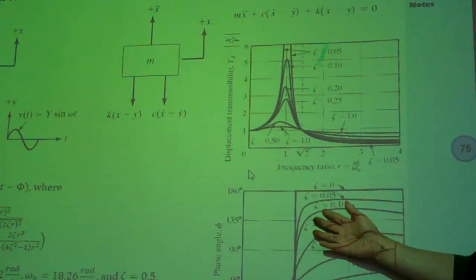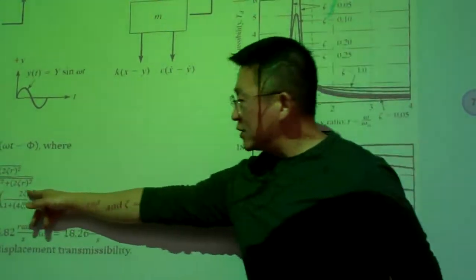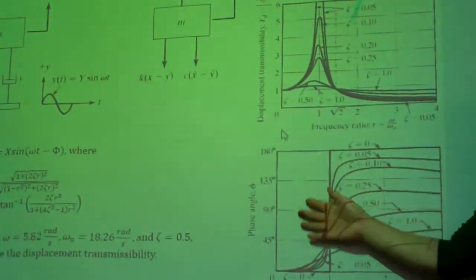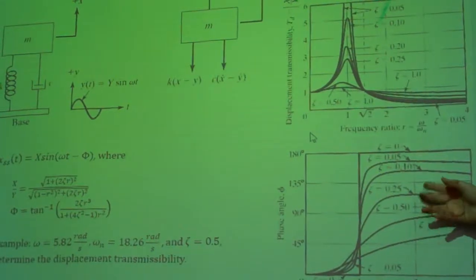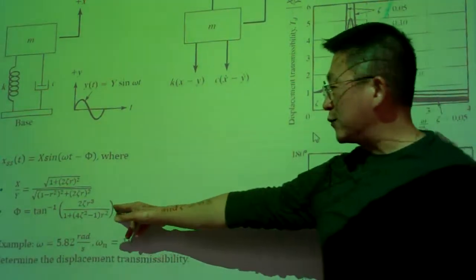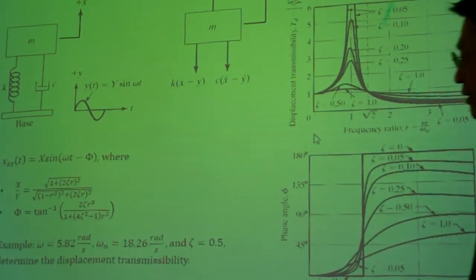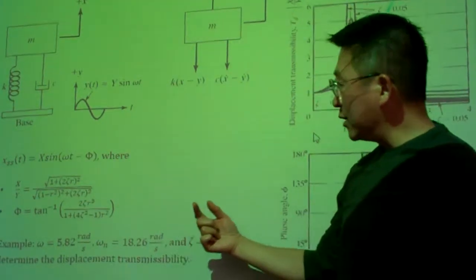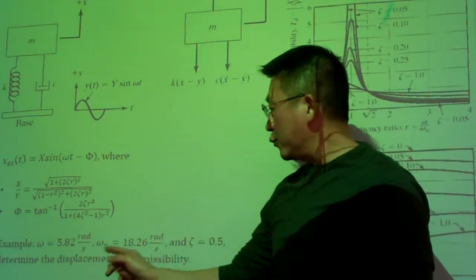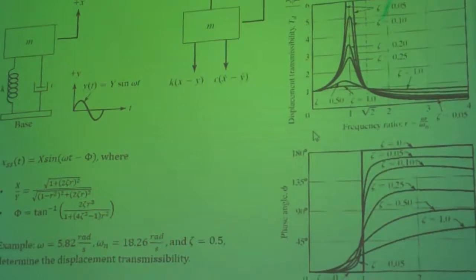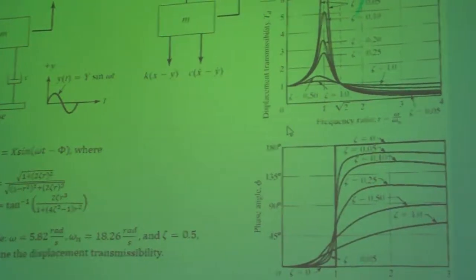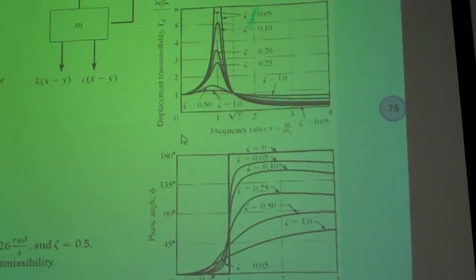And this graph shows this equation, the phase angle corresponding to different zeta, different r. So that is the one. This equation is for this one. Okay. And we might look at this example here. For example, if we have an omega and we have a natural frequency, from there we can do a little bit of calculation.